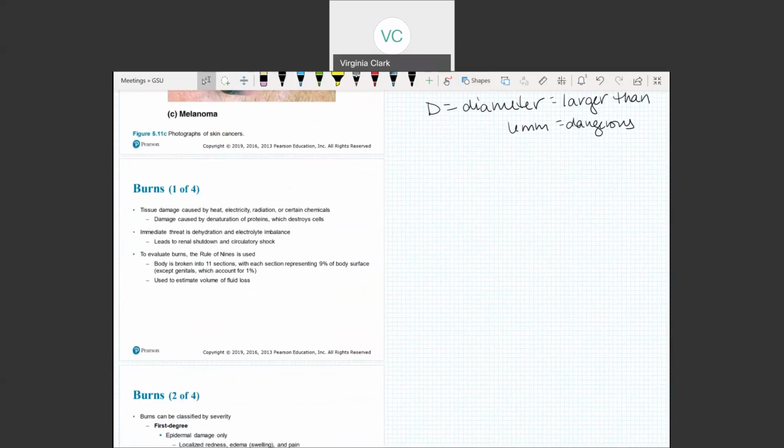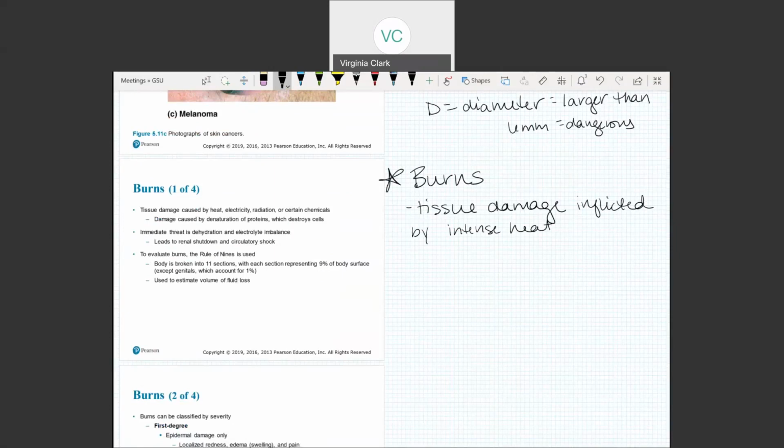We're going to briefly switch gears to burns. So burns are going to be when you actually are going to have tissue damage. A burn is by definition tissue damage inflicted by a couple different things. It can be inflicted by intense heat, like a fire. That's the most common one.